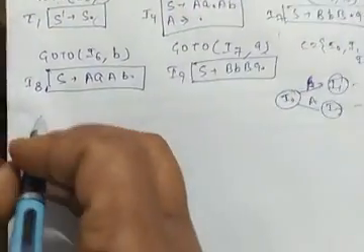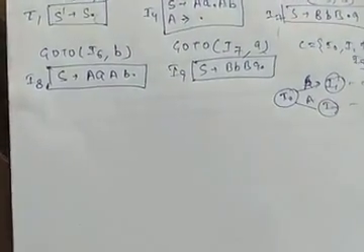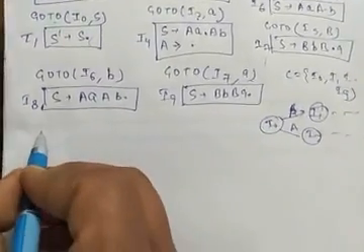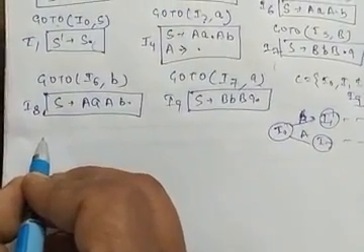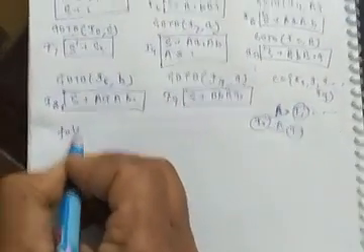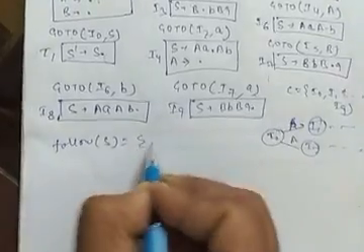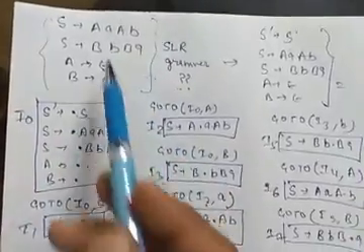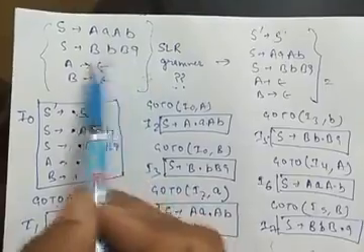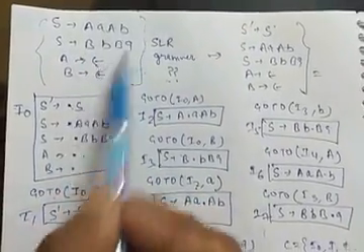Now we will find the follow of each non-terminal, because for creating the parsing table, the follow of each non-terminal is required to find the reduction action. Follow of S will be dollar, as the start non-terminal has dollar and there is no S in any other production.